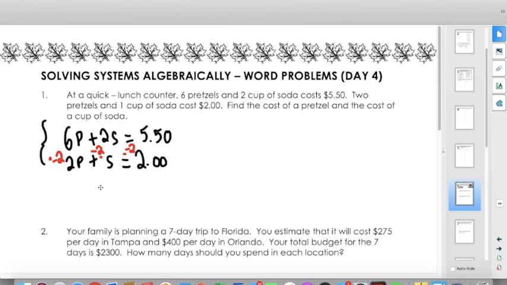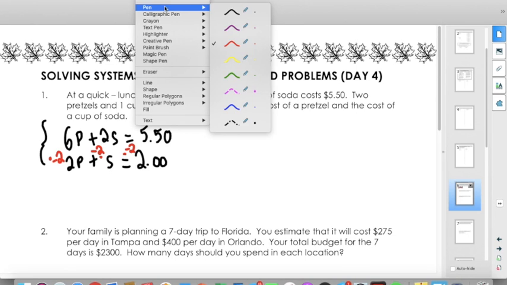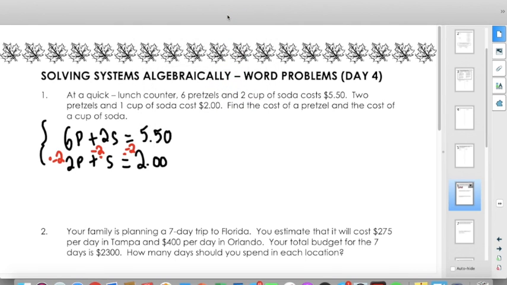Then my bottom piece is going to become -4p. -2 times s is -2s. Then -2 times 2 is -4.